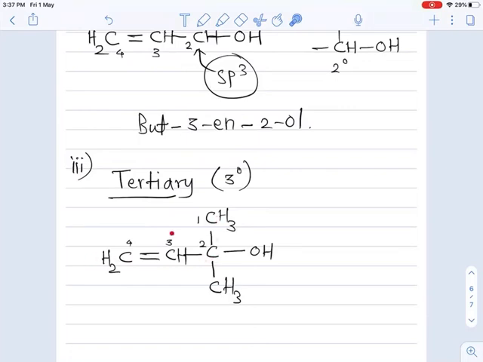So but, at position 3 a double bond is present, so but-3-en, and at position 2 the OH group, that is 2-ol.